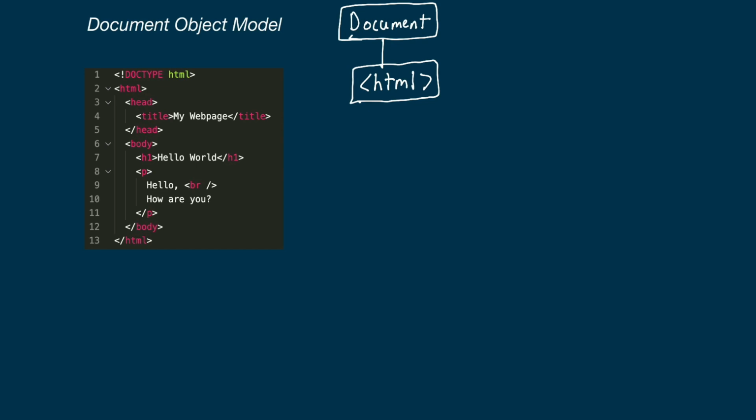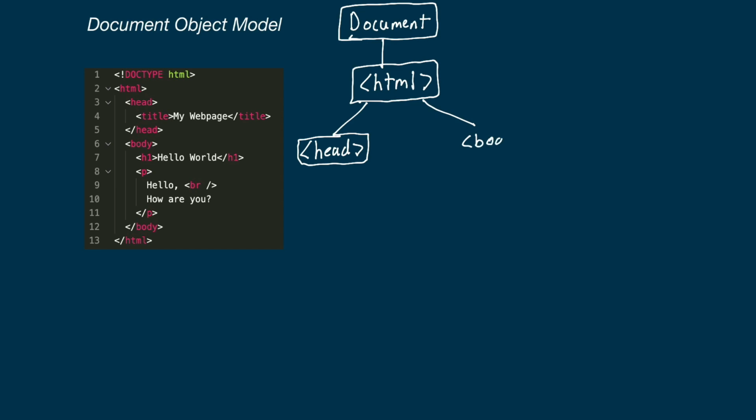Inside of the HTML tag, as you can see in our code, as well as just how we have always written it, is a head and a body. This means that the HTML tag in our tree will have two children. First, it will have the head tag as its first child. This is because the head tag appears first in the code. And then the second child will be the body tag.